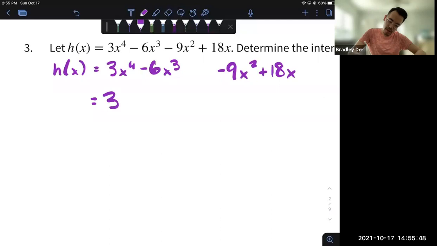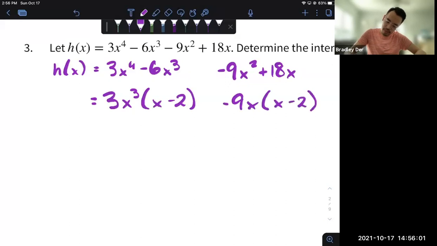3x, I should take out the GCF first. You hate to see it. Okay, well, we'll live. I think we'll be fine. That feels right.